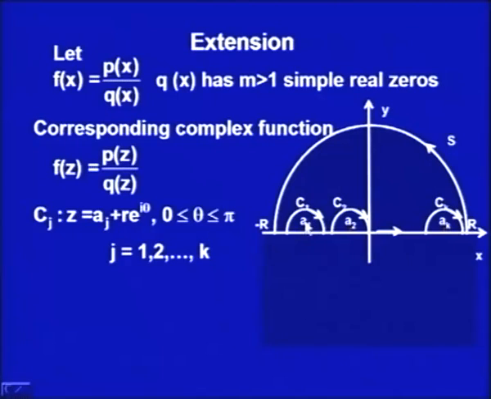This r is small enough such that it does not contain any other singularity of the function f(z), so that inside each small semicircle there is only one isolated singularity at A_j and no other one.